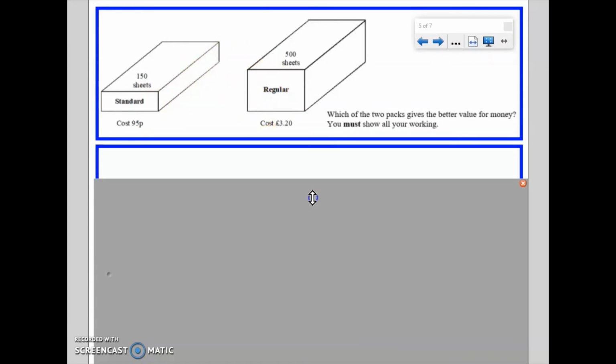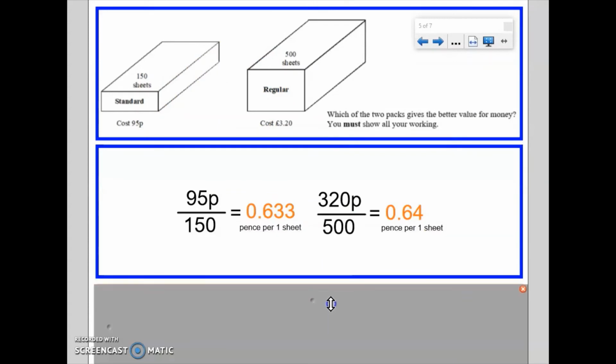So my working out is going to look like this. I'm trying to work out the cost for one sheet of paper, the price for one sheet of paper. So in the first question, I take my cost of 95 pence and divide it by quantity of 150.